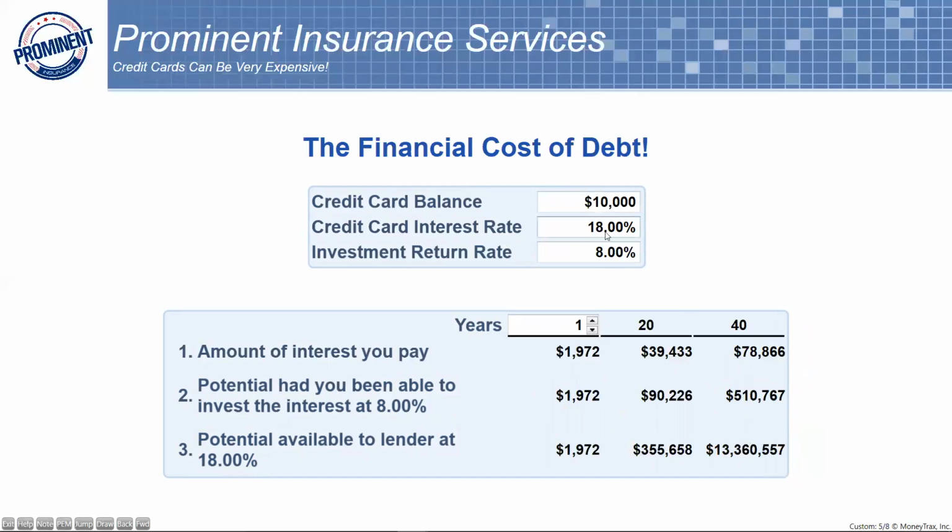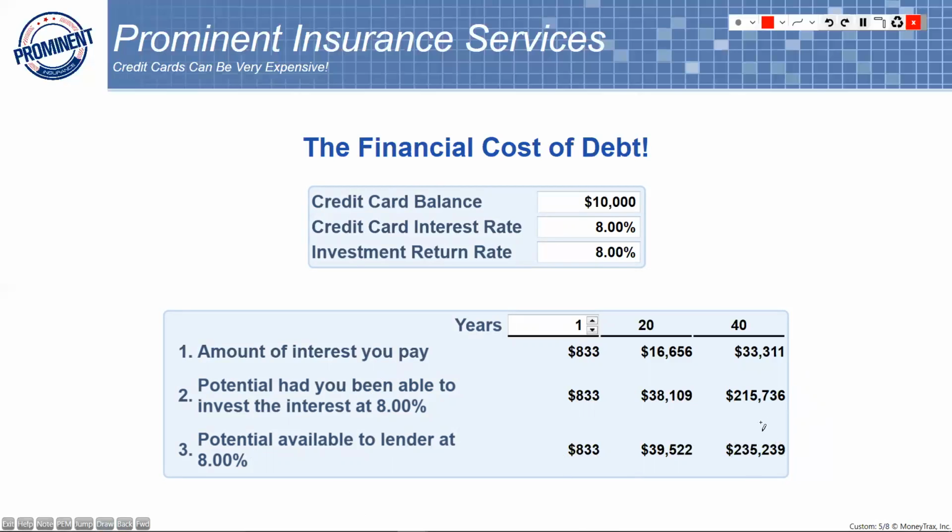And it shows you, no matter what the interest rate may be, even if you break this interest rate down to 8% with certain people, it's still potential available to the lender at 8%. Over 40 years, this is how much money you paid out in interest.